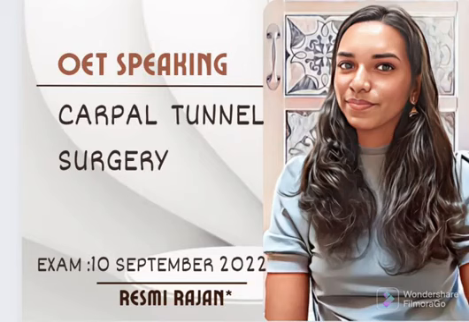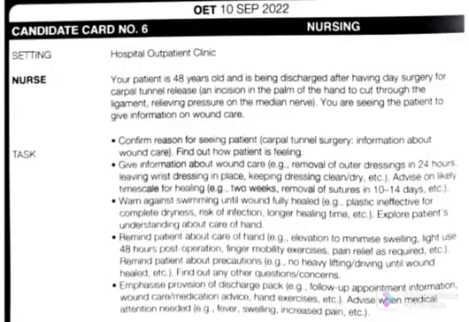Your patient is 48 years old and is being discharged after having day surgery for carpal tunnel release. That means an incision in the palm of the hand to cut through the ligament, relieving pressure on the median nerve. And you are seeing this patient to give information on wound care. So you assume that you are in an outpatient clinic.